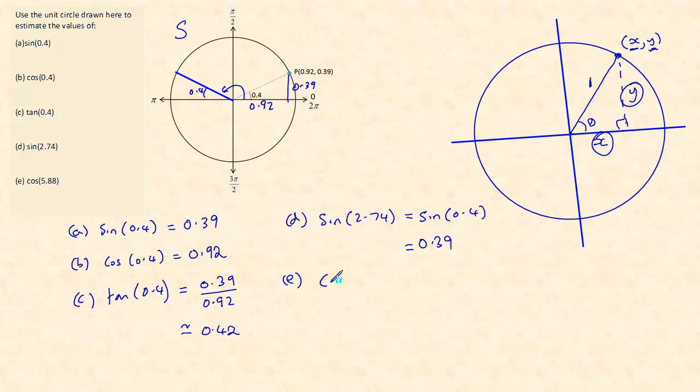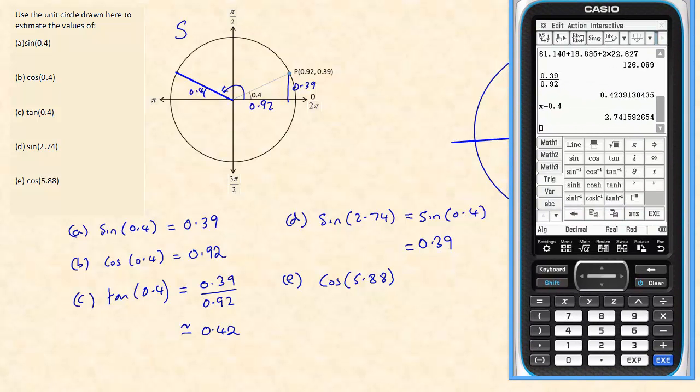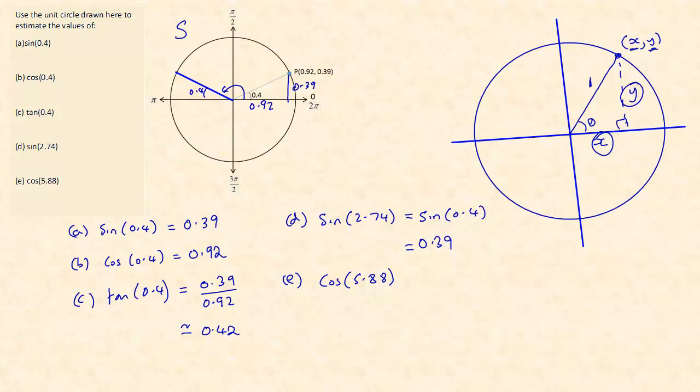Then we want cos of 5.88. Well, where is that? If we do 2 times pi, we get this. Take away 0.4, and that's our 5.88.